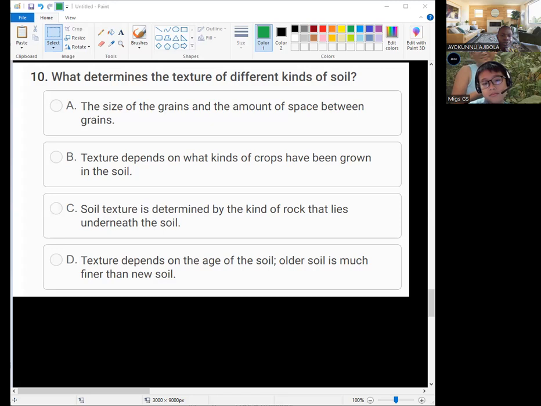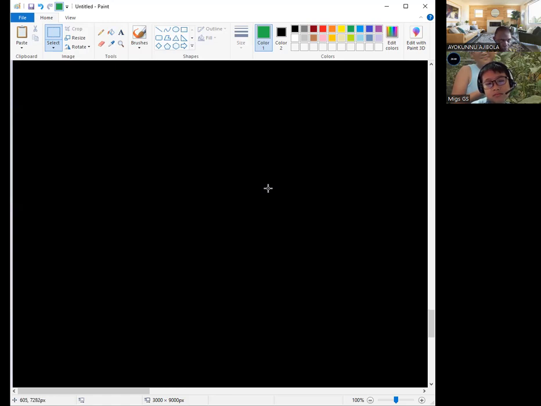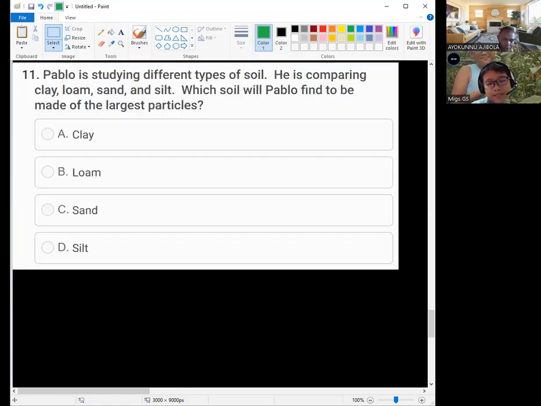And this is also a practical question that you have to consider very well. So you're going to read it for me and pick your option. Pablo is studying different types of soil. He is comparing clay, loam, sand, and silt.